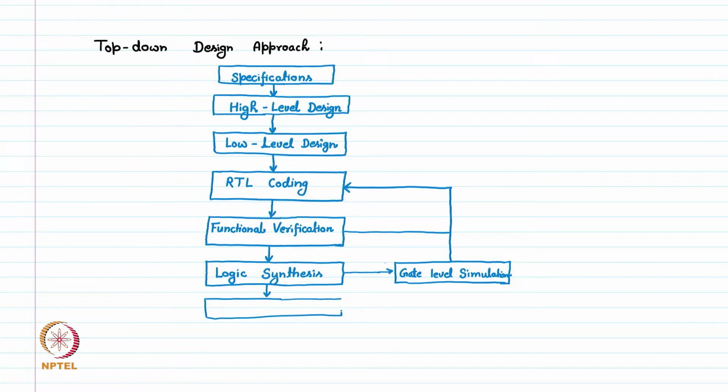We physically place the gates on the layout and we perform place and route. And after that we go for the fabrication.